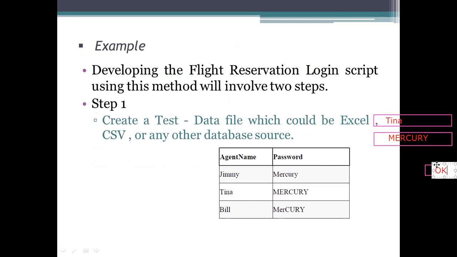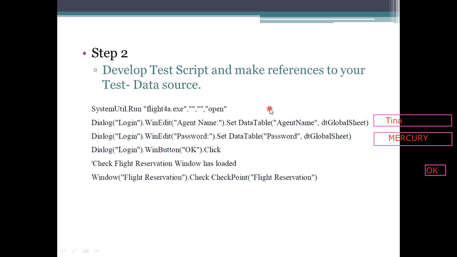Now, while performing, we need to check whether it is giving the correct data or not. How are we going to process here? I gave the name of that CSV file. Here is the file which we are using for testing data, as a DT data global sheet.